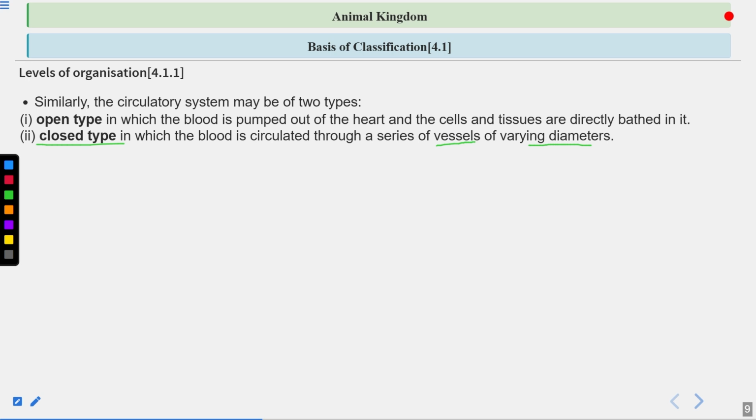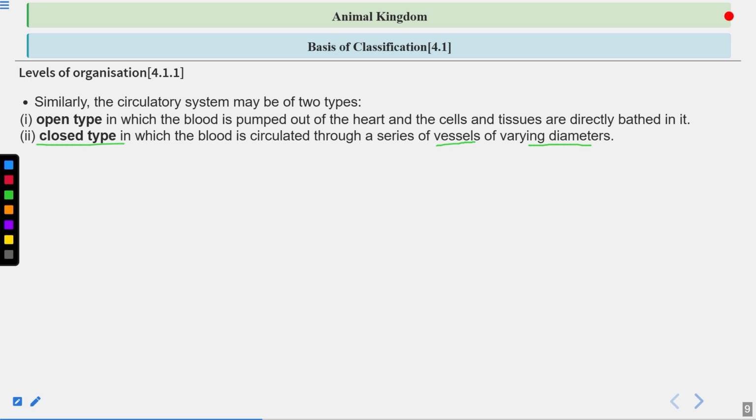But when you move to some of the higher organisms, even in the case of annelids, you will see that they are having the blood vessels, closed circulatory system they are having. In our body, the blood is flowing in the closed circulatory system. We are having the definite arteries and veins. Yes, annelida and the chordates are having the closed circulatory system.